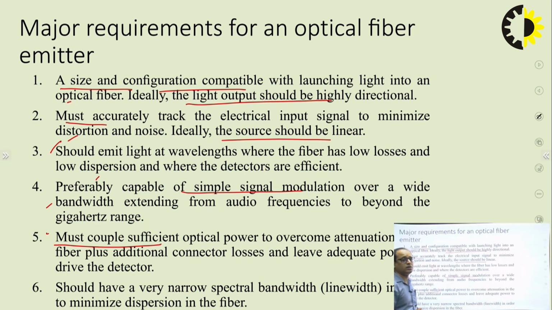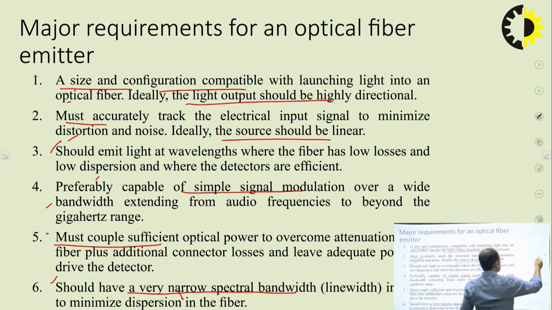It should also have a narrow spectral bandwidth, or narrow spectral line width, in order to minimize dispersion in the fiber. These are the major requirements of an optical source.